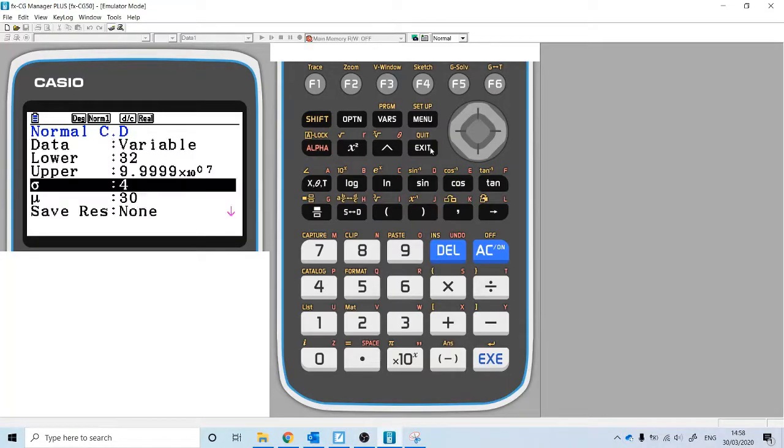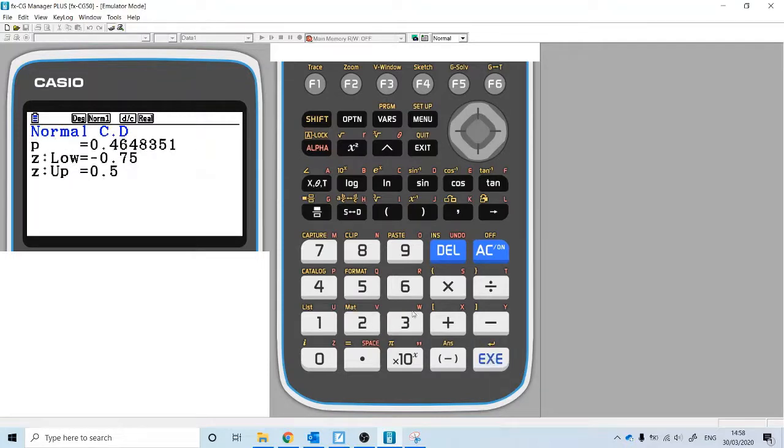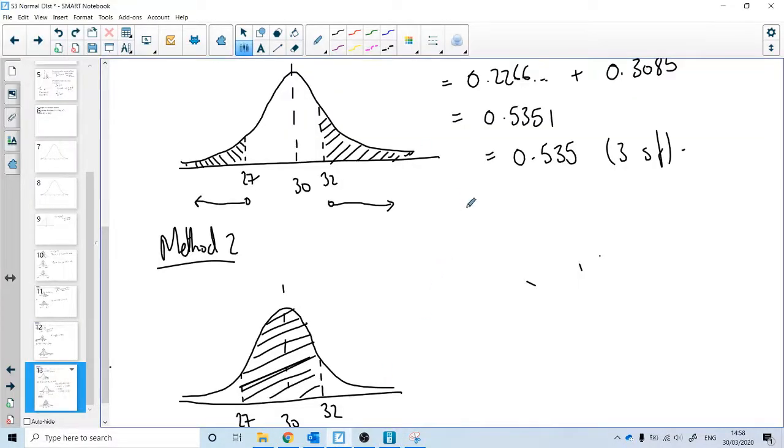So if we put our lower as 27 and our upper as 32, we get 0.46483. So we need to do 1 minus 0.46483. And that should give you the same area as these two separate shaded regions added together. So let's just check that works. And we get the same answer as before, 0.535 to 3 sig fig.